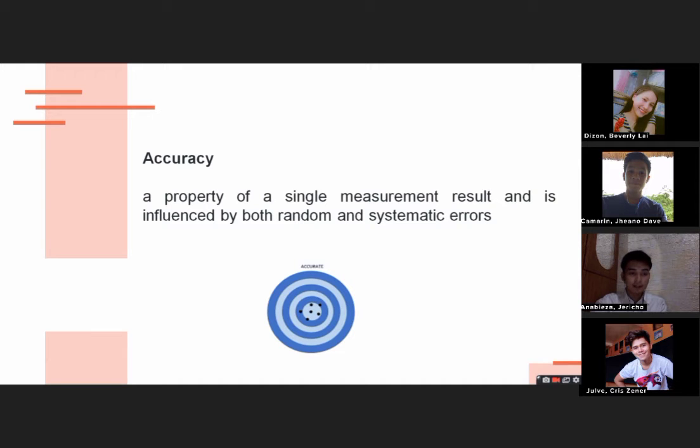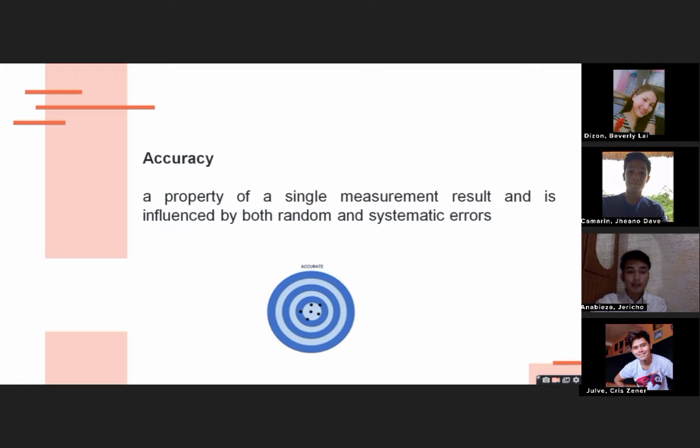That is the actual target that we are aiming for. So when you say accuracy, it is how close a measurement or attempt is to the actual target value. As you can see here, most of the shots are close to the target value, which is the center. So that is accuracy.